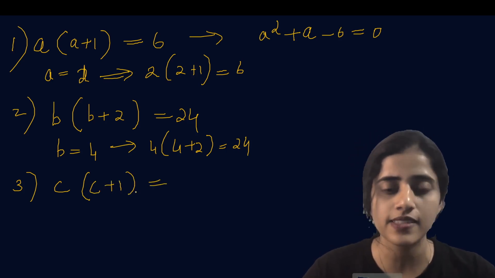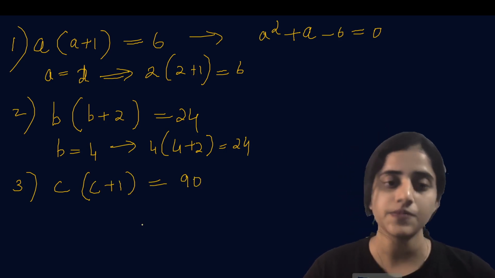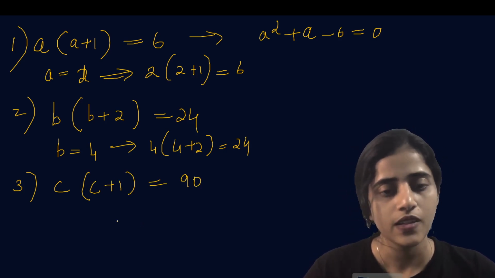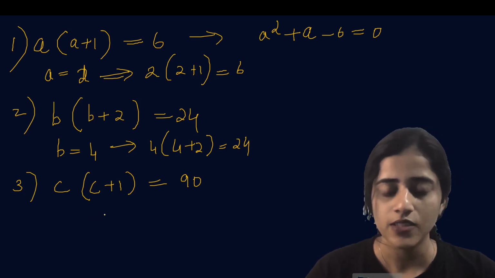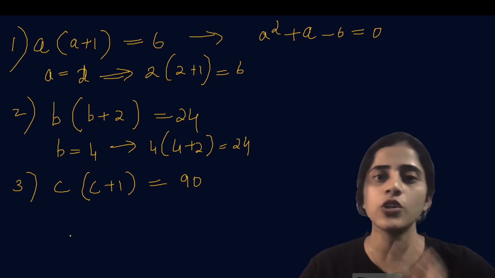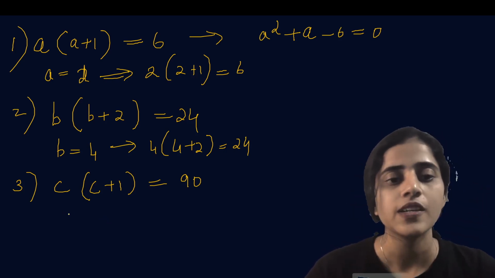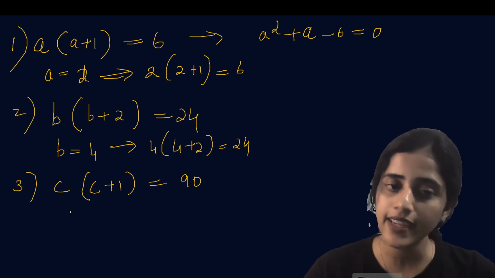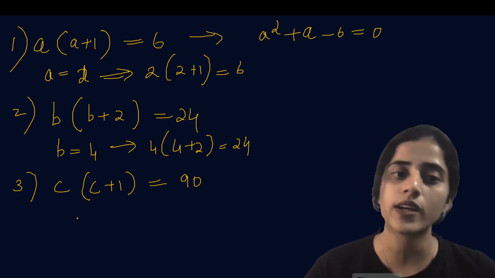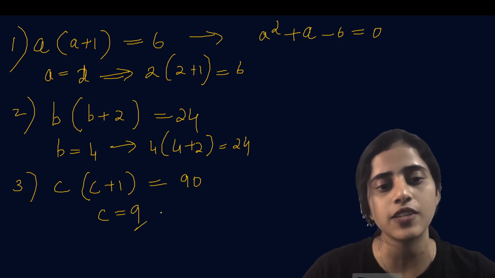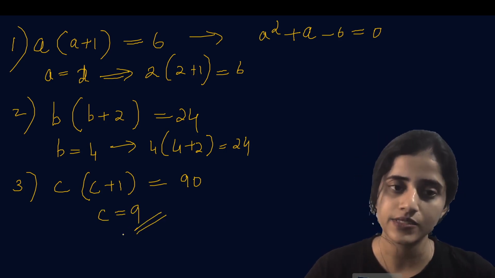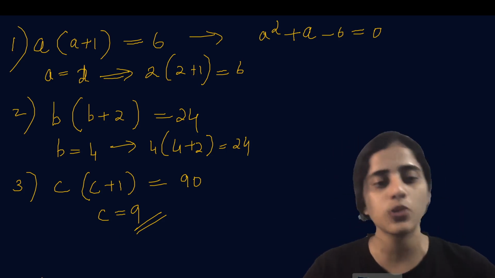Let's say in this case it's equal to 90. Okay. So what will you do? Again, pause the video, solve it. Okay, I hope you've solved it. So 9 into 10 is 90. 9 plus 1 is 10. So C is definitely 9. Okay, so these are some tricks that you can use.